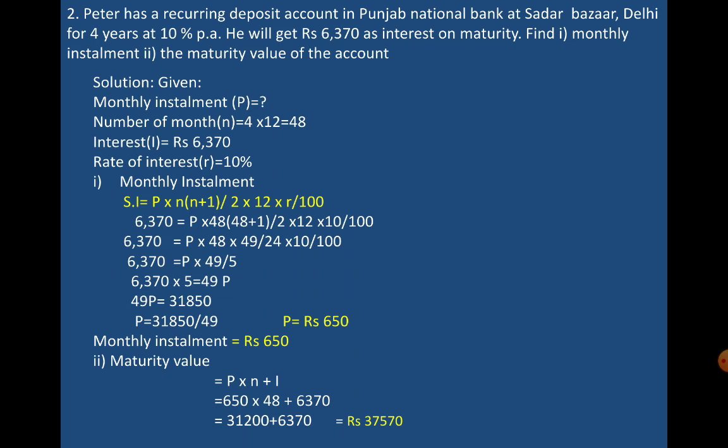After multiplying 650 into 48, we get 31,200, plus 6,370. Adding 31,200 plus 6,370, we get rupees 37,570. So at last, Peter got from the bank rupees 37,570.